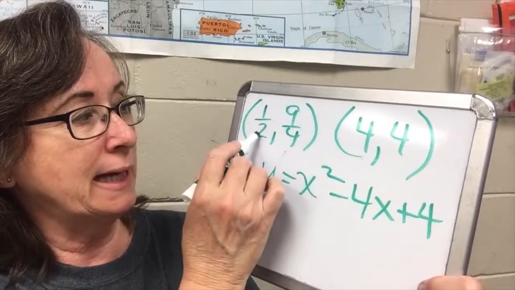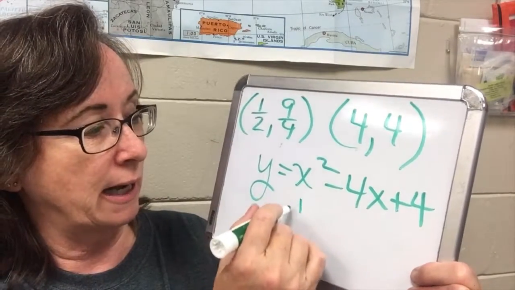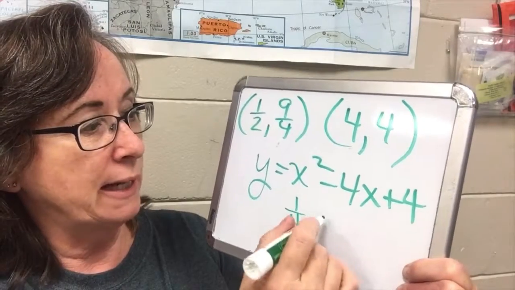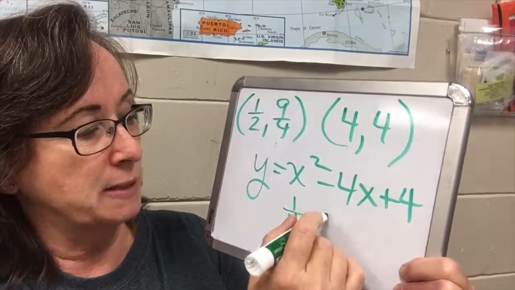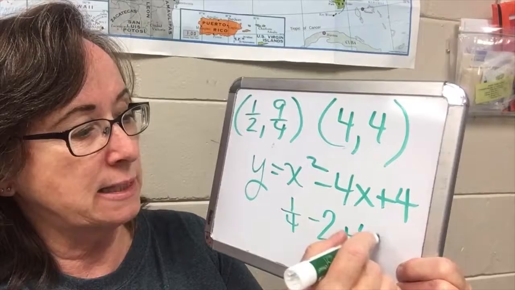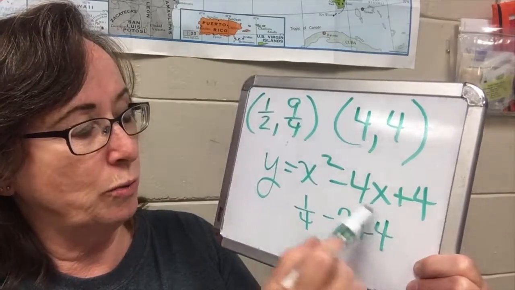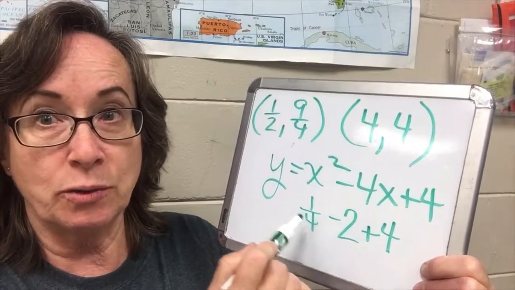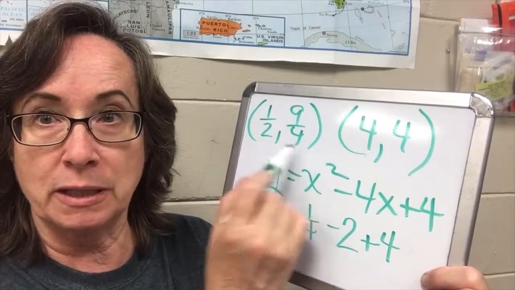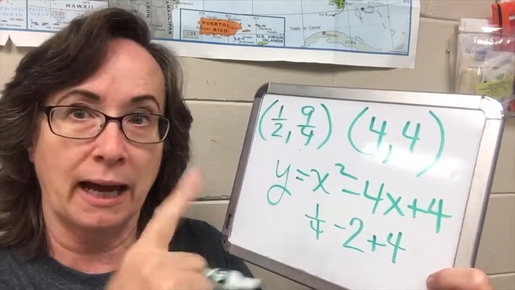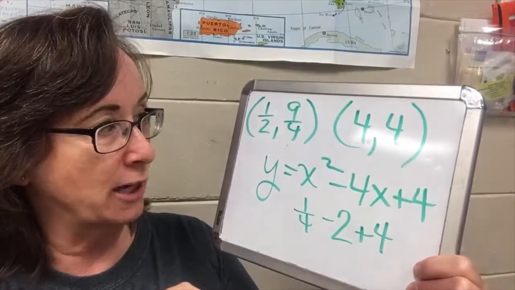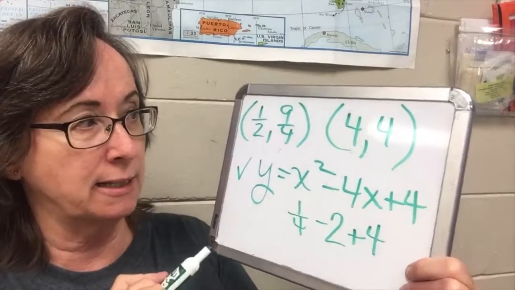If I plug in 1/2 and square it, I get 1/4, minus 4 times 1/2 is minus 2, plus 4 is going to end up being 2 1/4, and 2 1/4 is 9/4 when I make it an improper fraction. So we can say that one checks.